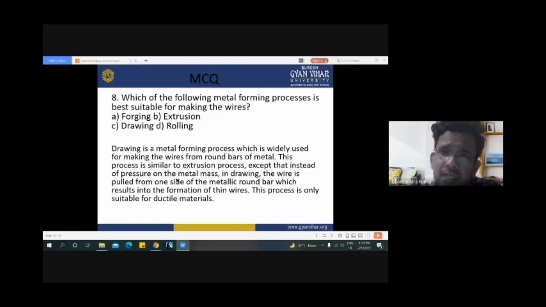We have seen the advantages, disadvantages, limitations, and applications of these three processes, and on the basis of this class we solved 8 multiple choice questions, which are generally asked in interviews.